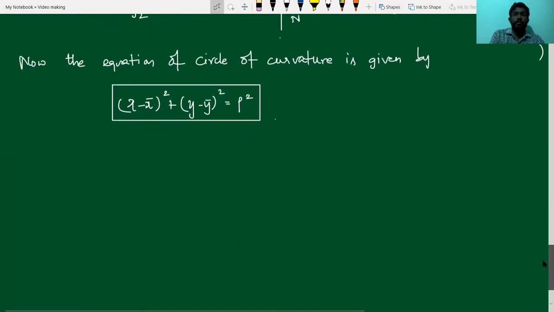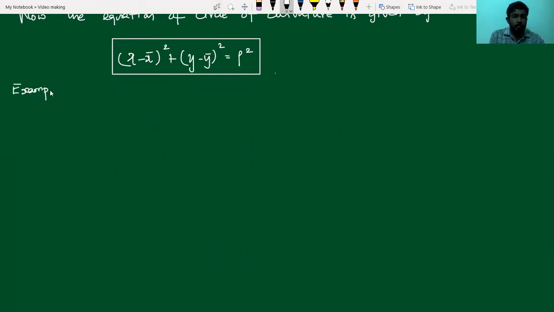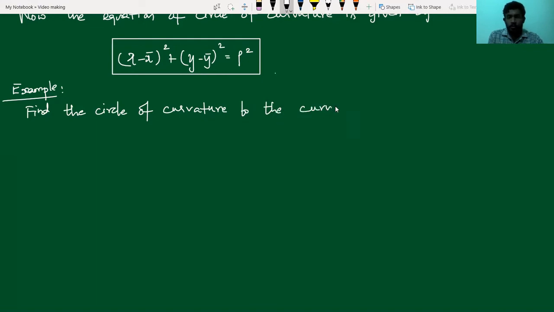Now we move to the problem. Let me take an example. Find the circle of curvature to the curve x into y is equal to c at the point c comma c.